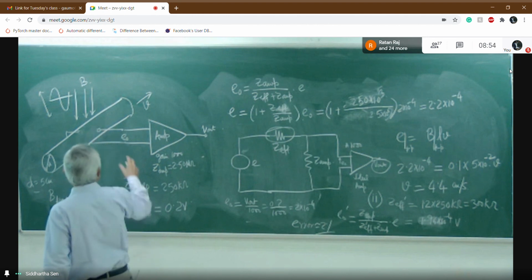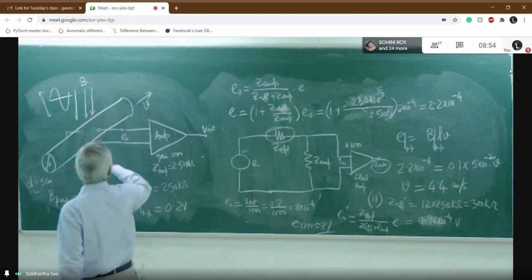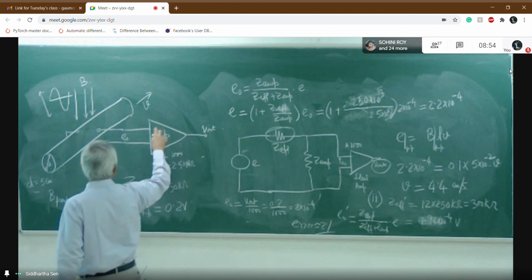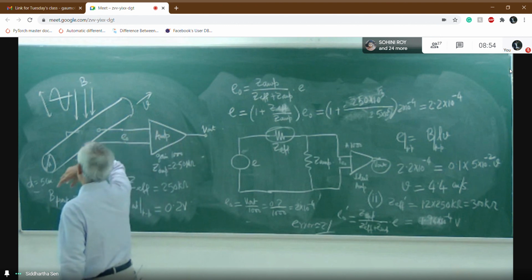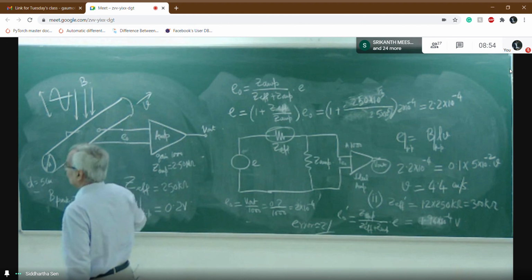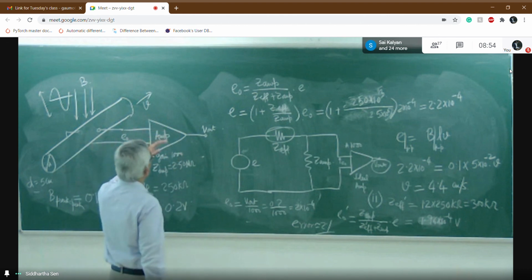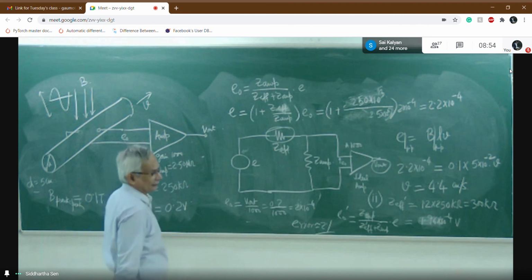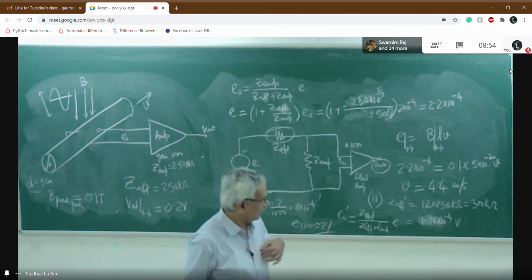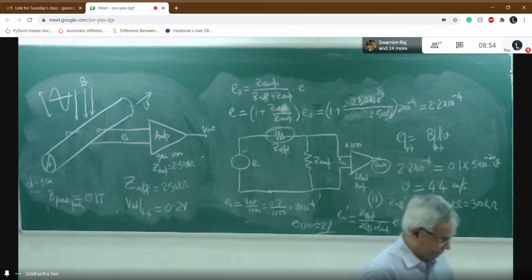Because we will have to consider the whole thing using an amplifier, internal impedance and all the things. So if the variation is large, this will also give you some more errors. Okay. So is it okay?